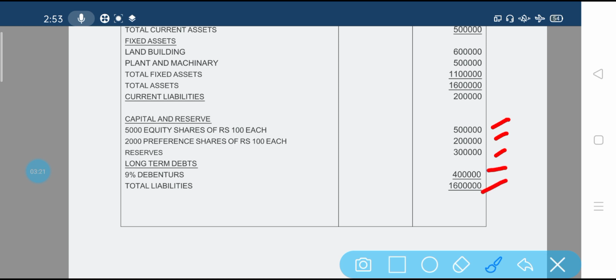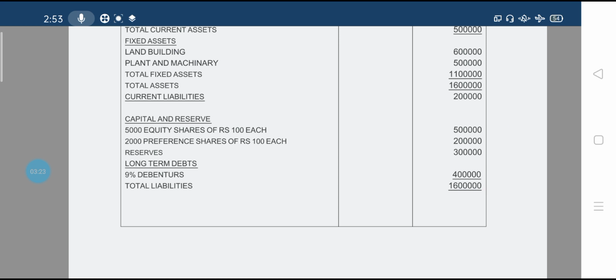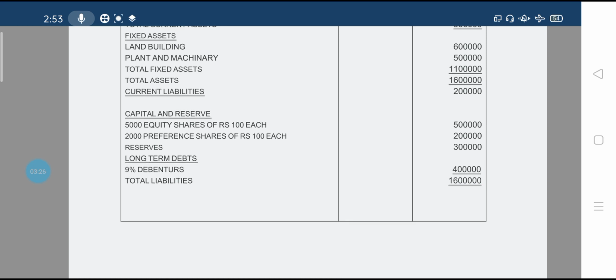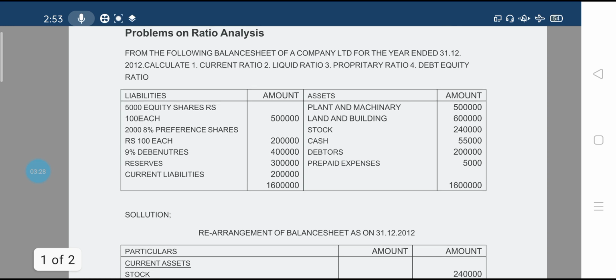The total is 16 lakh. On the liability side also, the total is 16 lakh. If the totals don't match, then we have to check the rearrangement of the balance sheet once again.